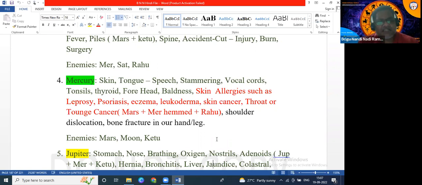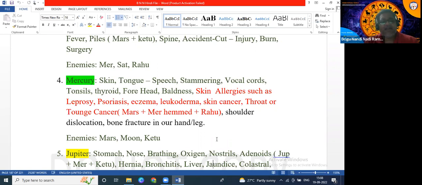And throat or tongue. So already tonsils are related to throat. Tonsils form in the throat. And tongue cancer, throat cancer. And shoulder dislocation. Mercury is the shoulder, Mercury is the hands, Mercury is the fingers. So that's why fingers may be damaged in an accident, or a bone fracture in our hand, or shoulders may be dislocated.